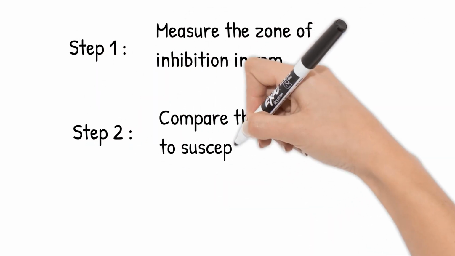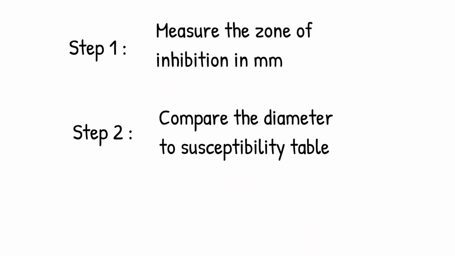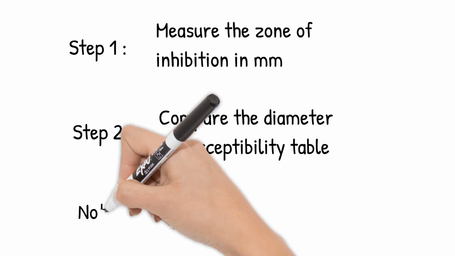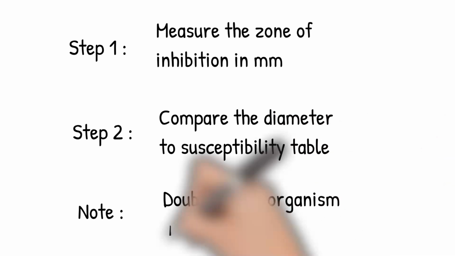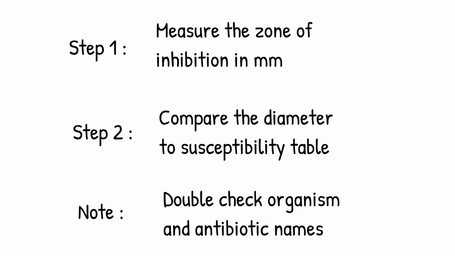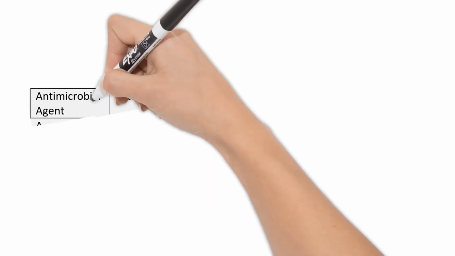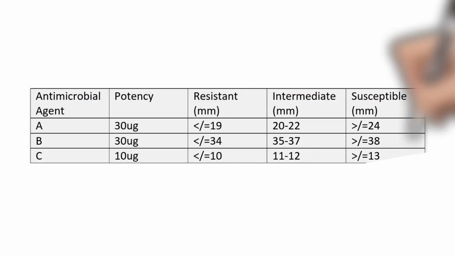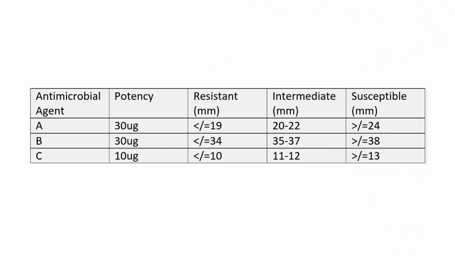Second, we compare the diameter in millimeters to the susceptibility tables. Keep in mind that when you are using the table, double-check the organism names and the type of antibiotic. Each has its own specific diameter. Here is the table that we will be using for today's example.